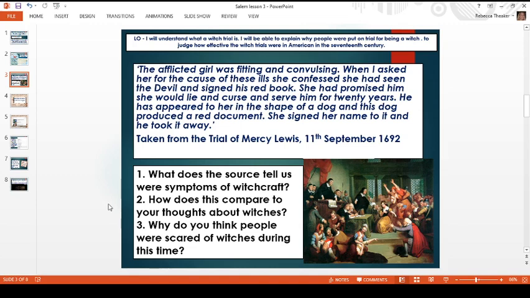Puritans believed that you had to live your life as close to the scriptures in the Bible as physically possible, and that's what made you pure. Obviously, anyone who was seen to be signing the red book, talking to the devil, promising that they would lie or curse and be a servant to the devil for 20 years, that would make a Puritan community absolutely petrified.